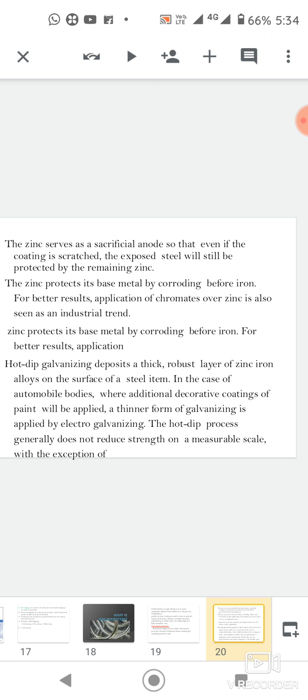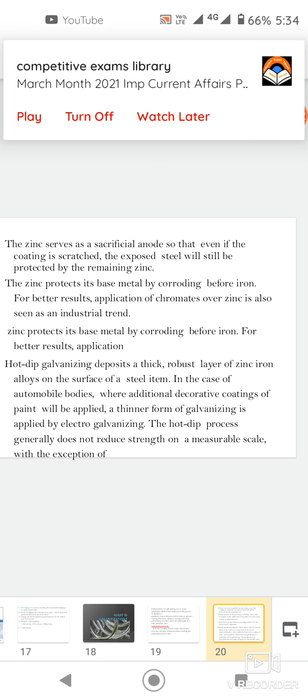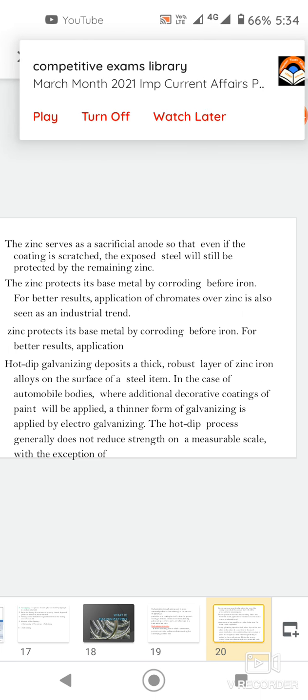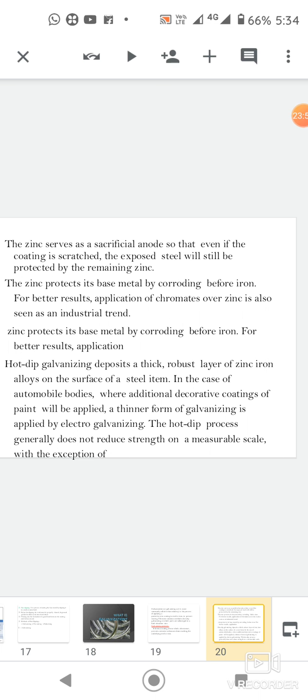For better results, application of chromates over zinc is also seen as an industrial trend. Zinc protects the base metal by corroding before iron.